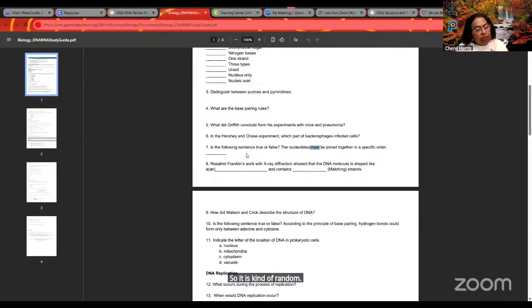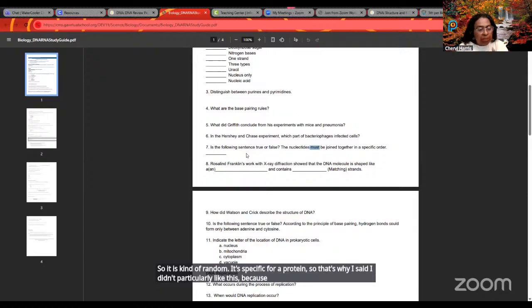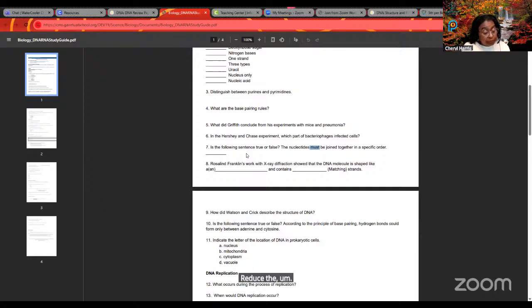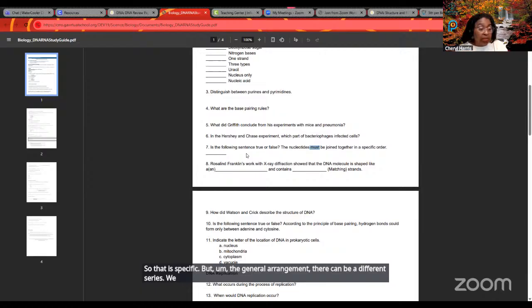It's specific for a protein, so that's why I said I didn't particularly like this, because it must be in a particular sequence in order to produce the protein that we want. So that is specific. But the general arrangement, they can be a different series. We can have ACC, we can have GGG.